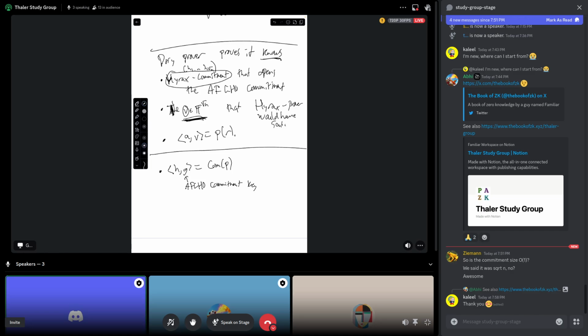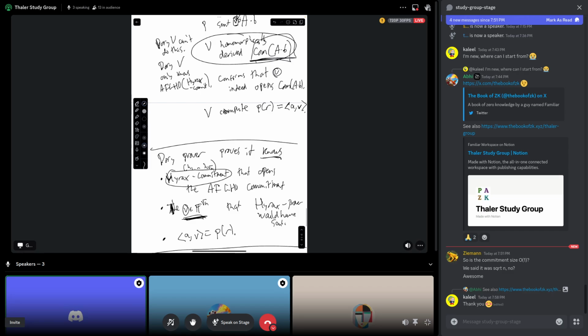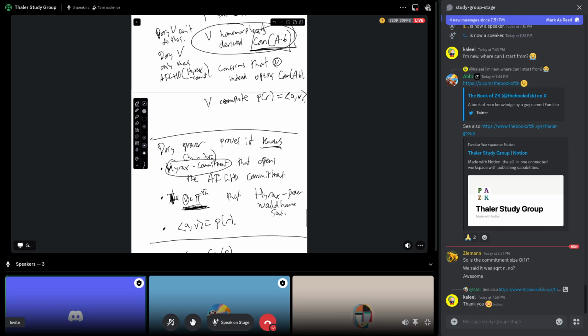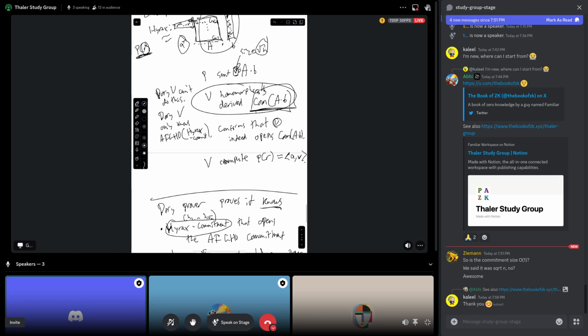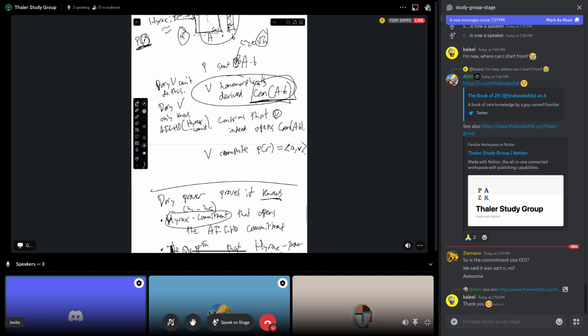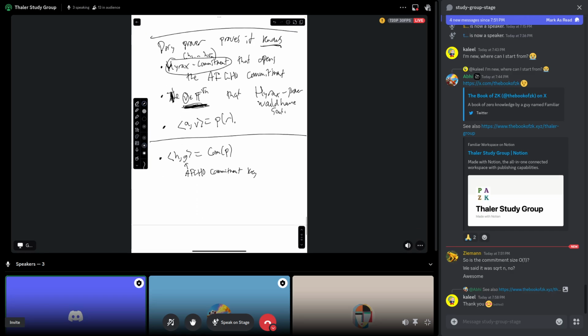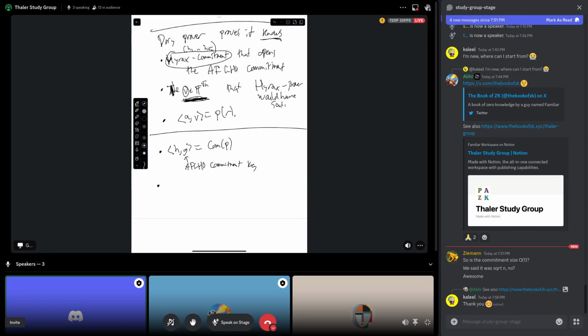Then the Hyrax verifier's check on this v was that v opens the commitment to A times b, which the Hyrax verifier homomorphically derived.